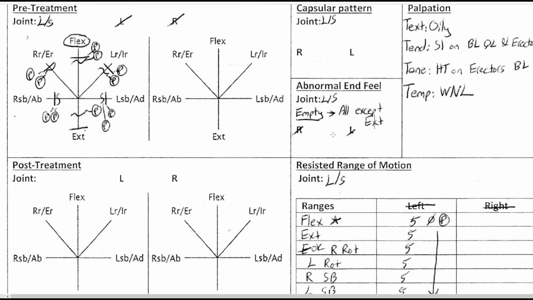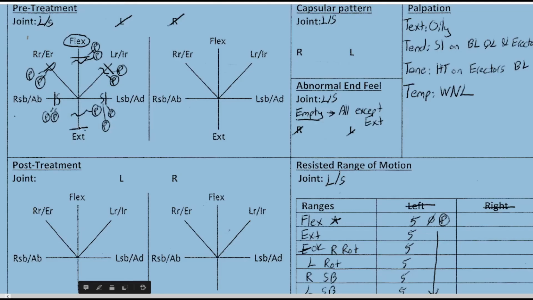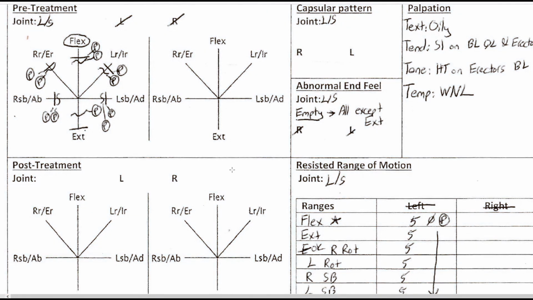Then all empty end feel except extension, because I was able to reach the end feel at the end for the extension. So that's how I chart empty end feel, lumbar spine, all except extension. Okay, so it's a very complicated, painful scenario.